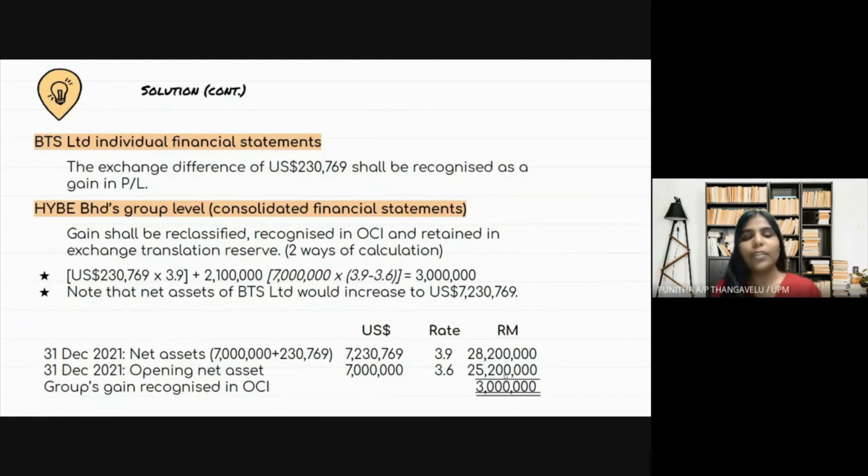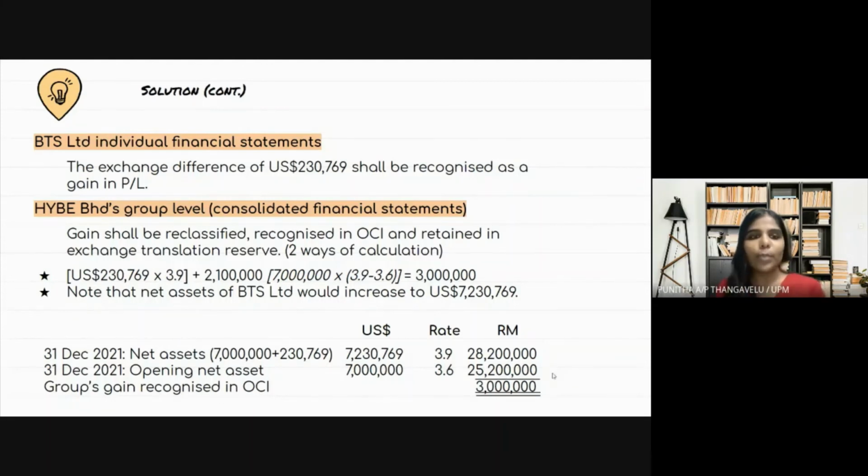For the 31st December net asset, we have to use the closing rate and translate into ringgit Malaysia. For the opening net asset, we have to use the rate at the date of transaction and translate it to ringgit Malaysia.